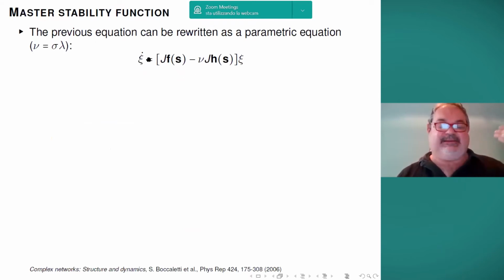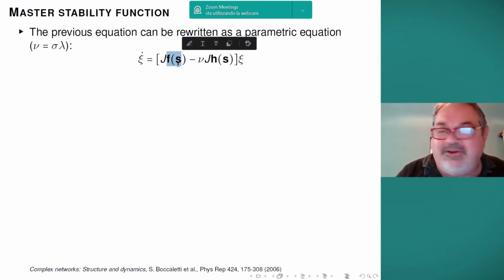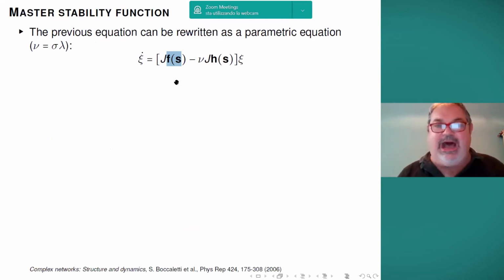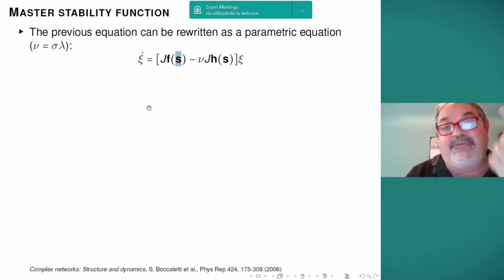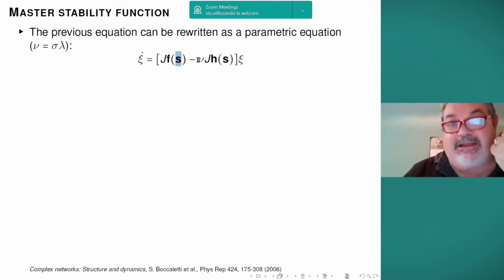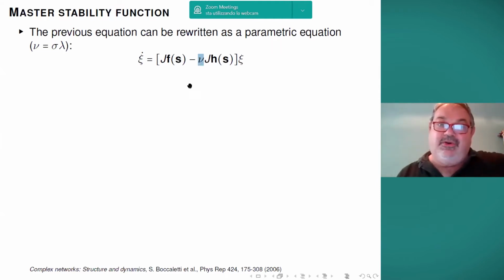And let's, as a function of nu, calculate the maximum Lyapunov exponent of this linearized equation when fed with the synchronization solution. So you have basically one single nonlinear equation, which gives you the solution S. Then you have a single linear parametric equation, which for each value of nu gives you the maximum Lyapunov exponent.